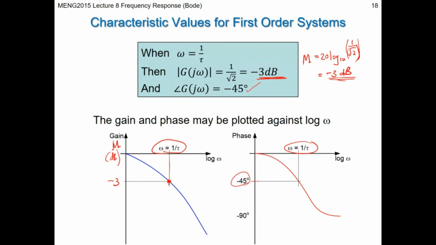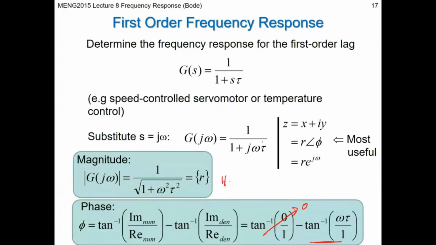As per identified here. If omega is much less than 1 upon tau, in other words, omega is approaching 0, that will cancel this, and so R is going to be 1 upon 1.